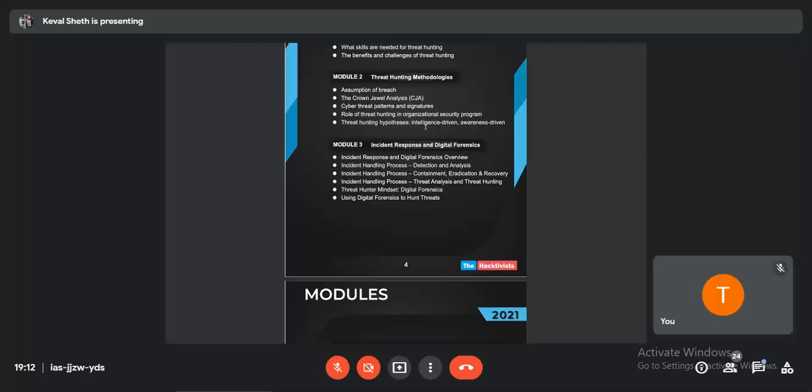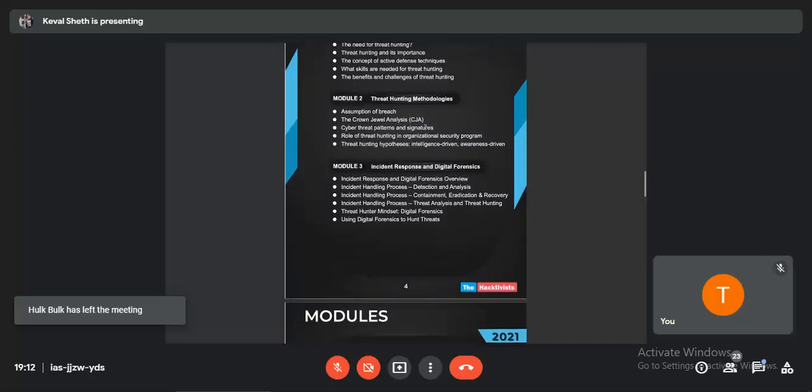Based on that, we will understand what threats can be available for those assets, which can directly impact the organization. Then we will be able to get the next steps: how exactly we can identify and how exactly we can remediate those things as well.